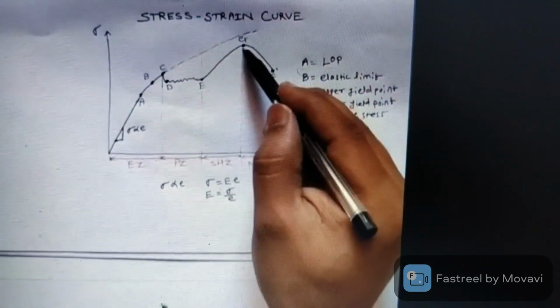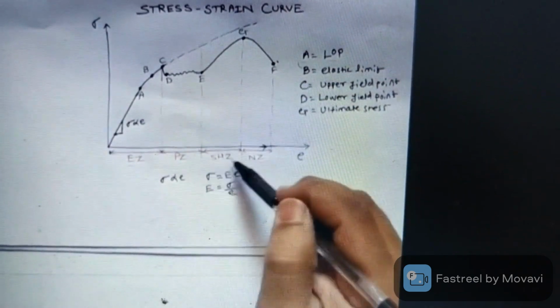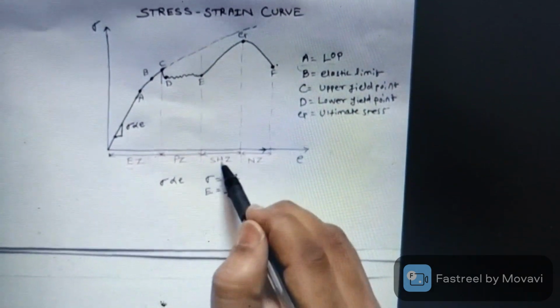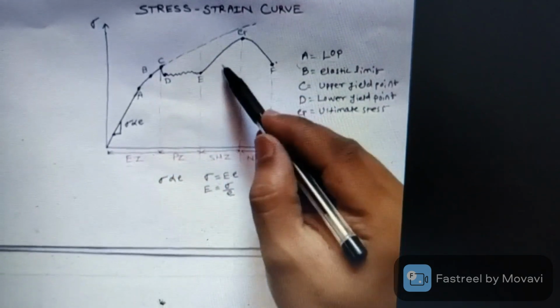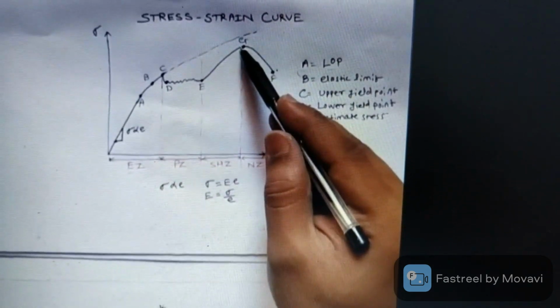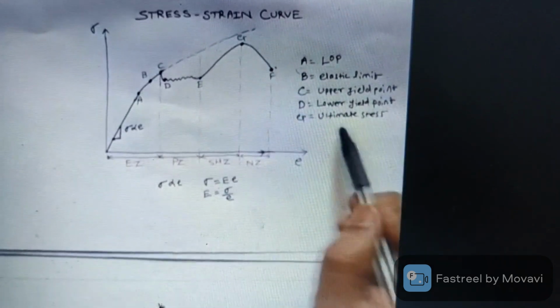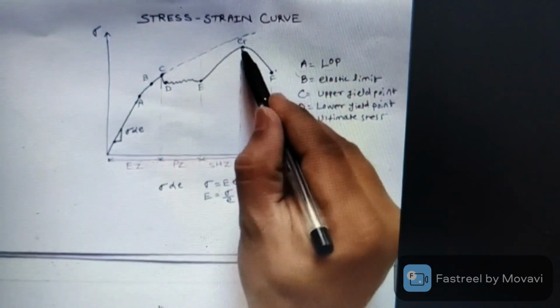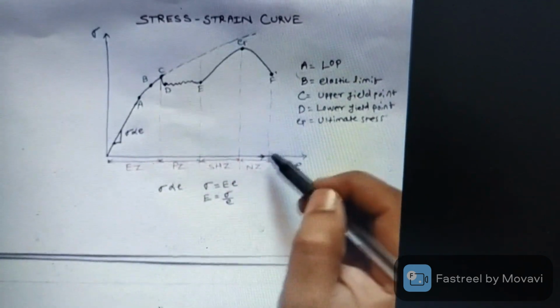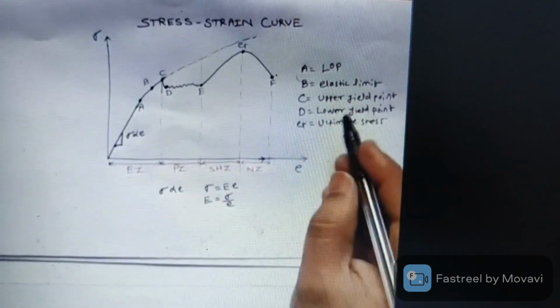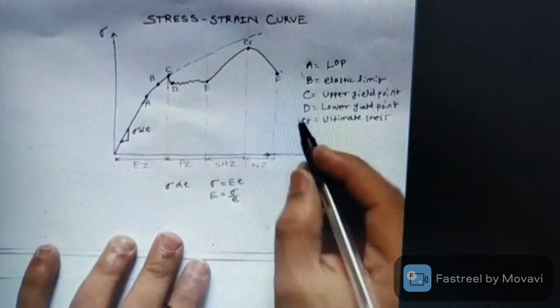Now in this region the material gets strain hardened, so it is called the strain hardening zone. The material requires more force to get stretched, and because of this we have an ultimate stress point. After the ultimate stress point there is necking. That means the material starts getting weakened.